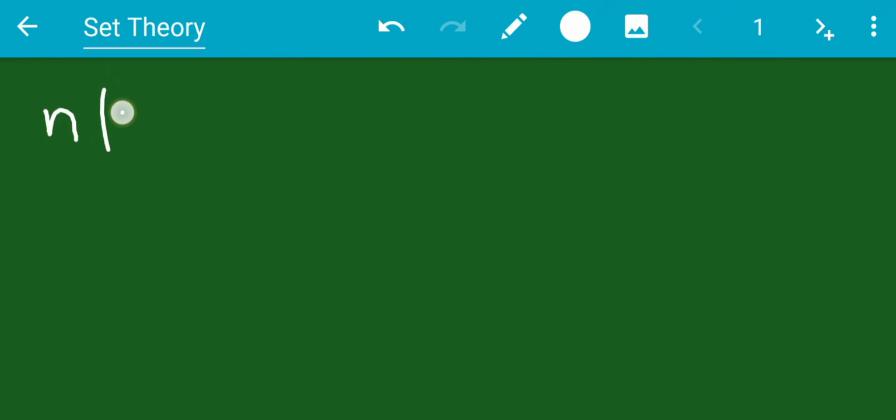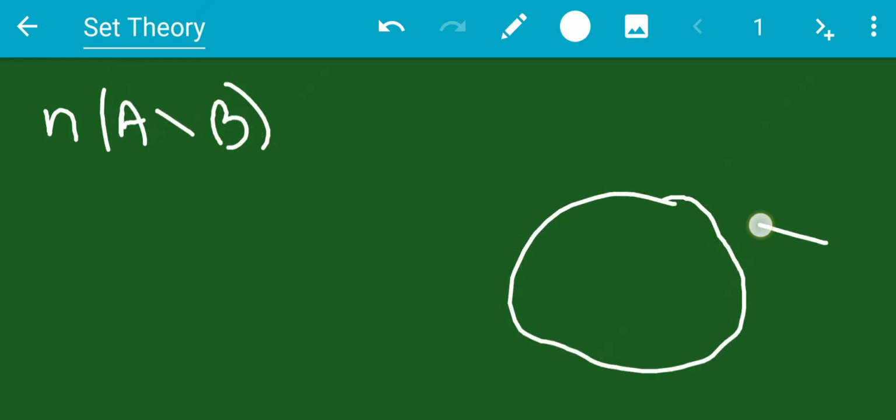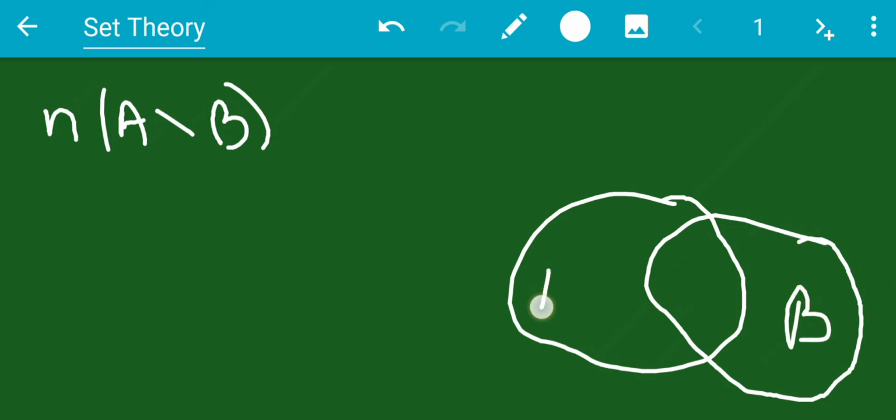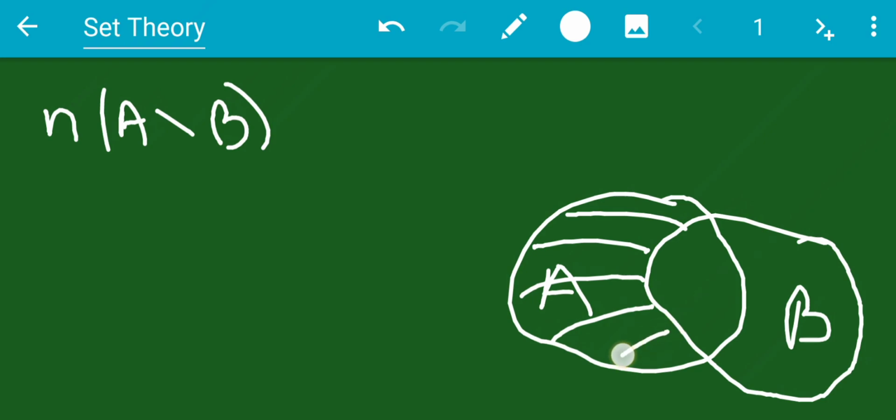for n of A difference B, this is your A, this is your B. What is n of A difference B? This is nothing but this portion.